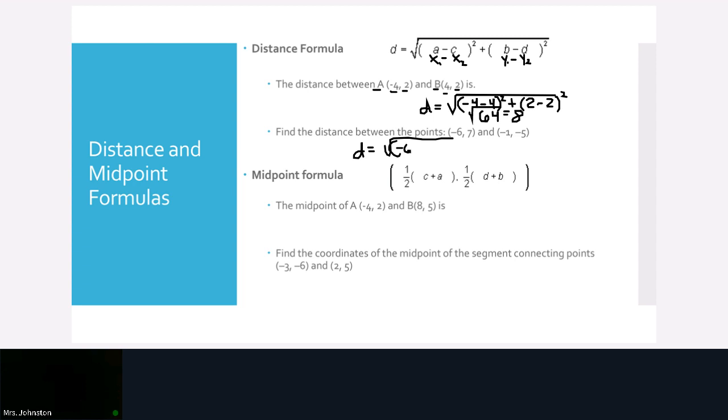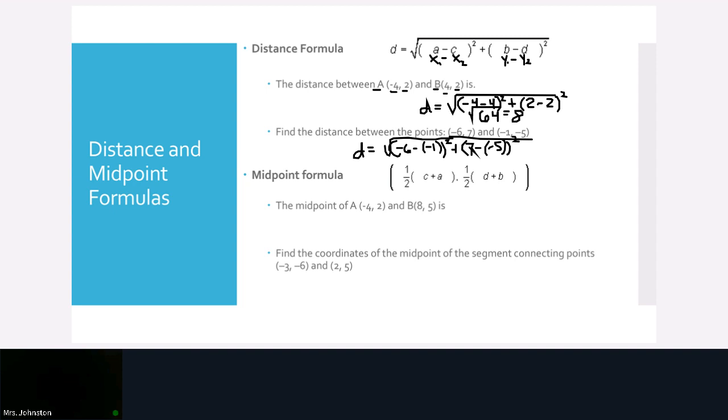-6 minus -1 squared plus the difference of the y's, 7 minus -5 squared. And of course, this square root is all the way across. 6 minus negative 1, remember, is the same as 6 plus 1. So this is 7 squared.